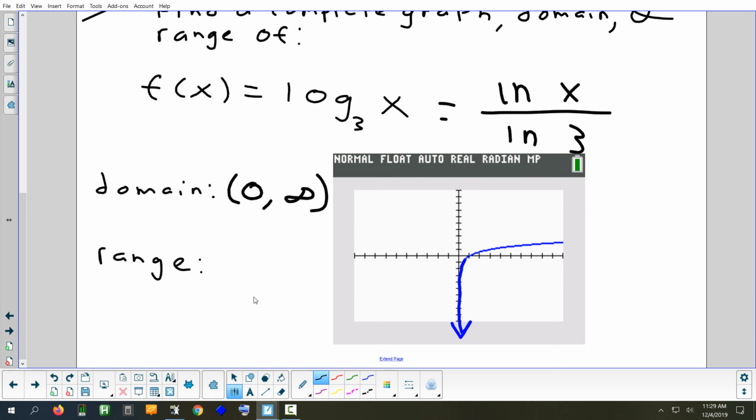Now, how about the range? Think about how far down and how far up. -infinity to infinity. It does go down forever, and it does go up forever. Just not very fast, but it will keep going up.